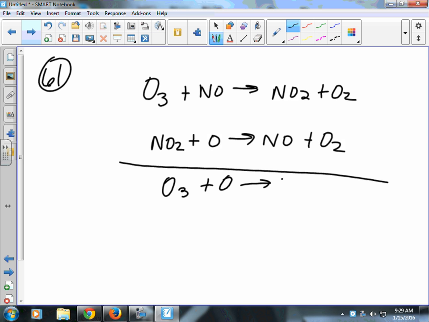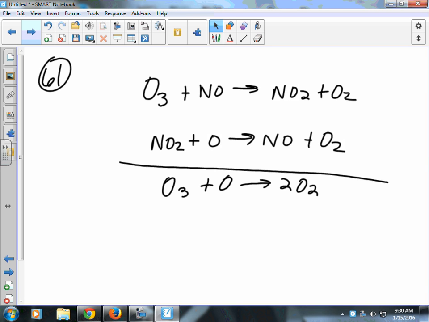Okay, part A asks which is a catalyst and which is an intermediate, and then they ask us to do a calculation. But let's take a look at A and B for the moment. O3 is in the overall reaction, so it's a reactant. So is O, and so is O2. So what do we have left?